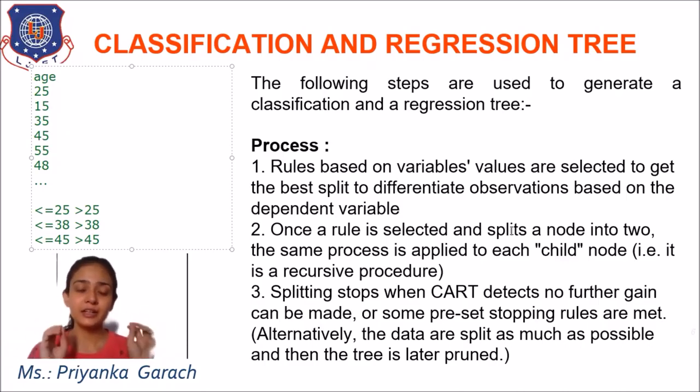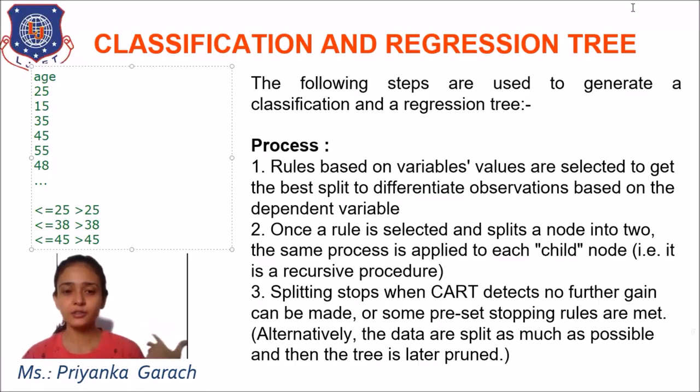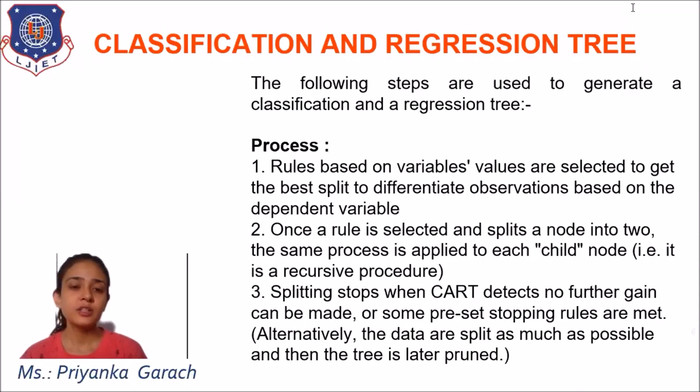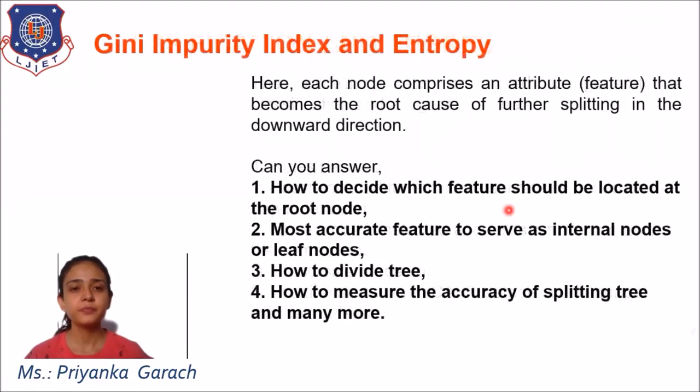My data set contains 5 attributes and all 5 are already used in my decision tree. Now no further attributes are available to make an internal node, so at that point your algorithm will stop. Or the second point is, you have set some predefined rules for where to stop the tree, so at that point your tree will get stopped. So this is the process of CART, that is, the classification and regression tree.